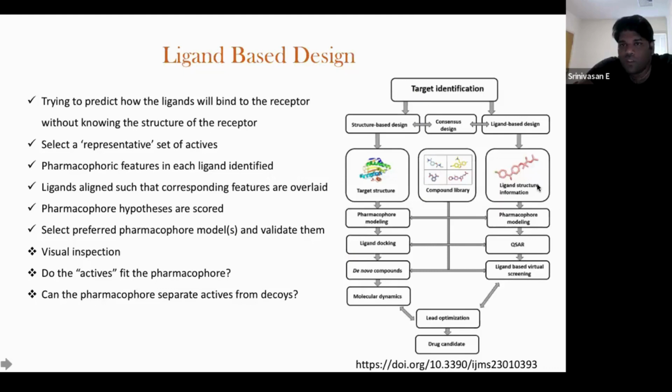The difference between structure-based and ligand-based drug design is that once we have the structure, we get the pharmacophore modeling, we get the ligands, and then we perform docking, find the lead compounds, and perform molecular dynamics.